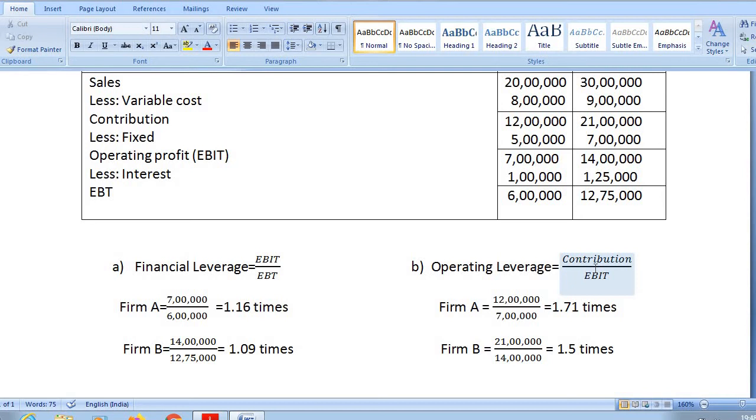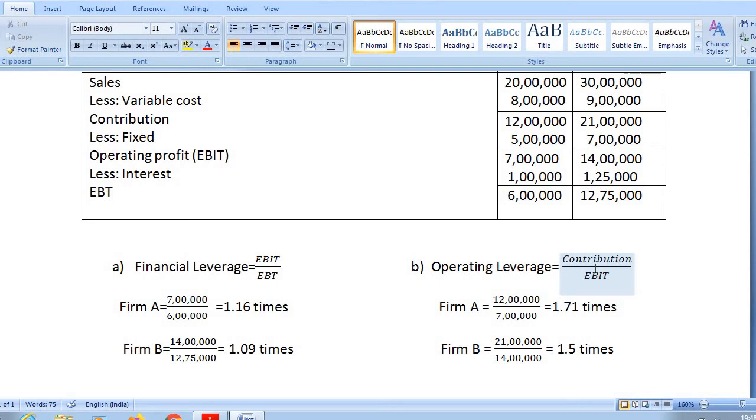If you observe the master table, contribution minus fixed cost is equal to EBIT, and EBIT minus interest is equal to EBT. So to remember the formula, when it comes to financial leverage, interest is the factor, so in between is interest: EBIT divided by EBT. When it comes to operating leverage, fixed cost plays a role.